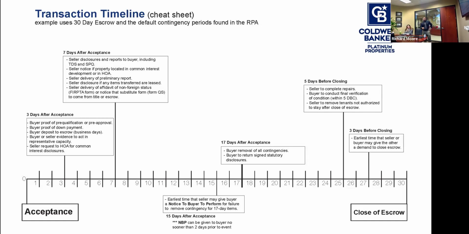Let's see, what else can we talk about within this transaction? Like I said, you're gonna have a lot of time in between with nothing to do in the transaction. Oh, make sure that you upload everything to SkySlope. When you have a transaction, if you haven't already had one, we'll sign you up with SkySlope.